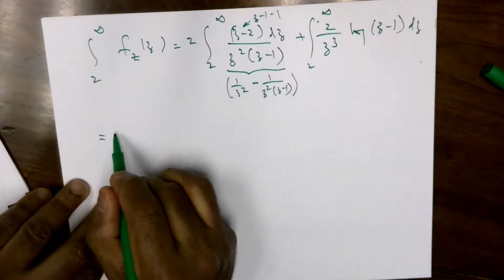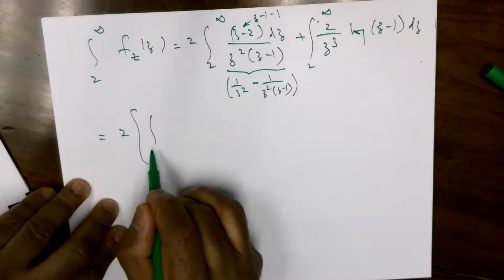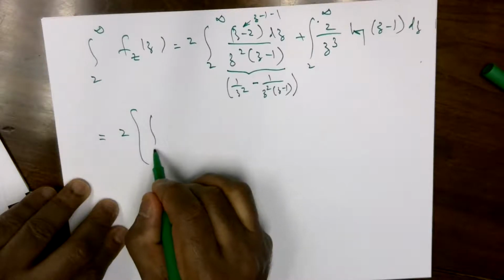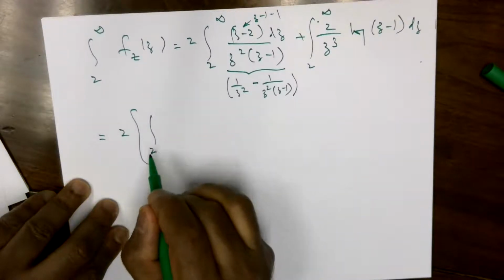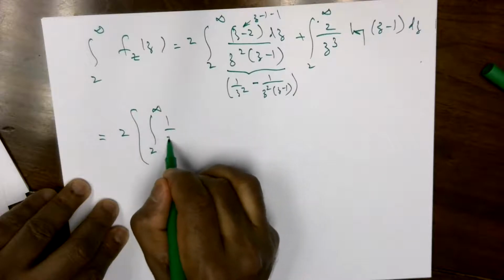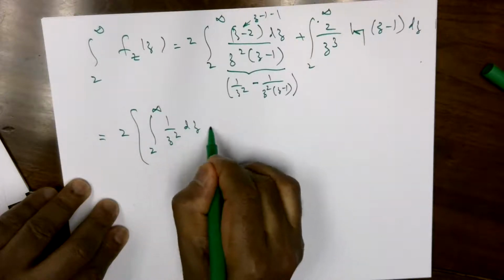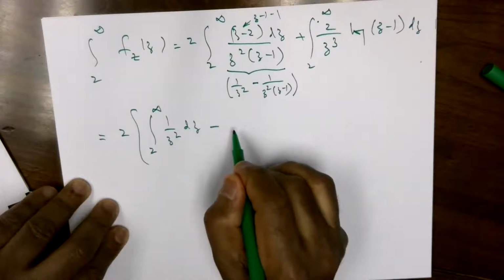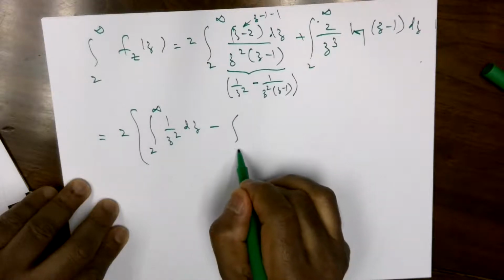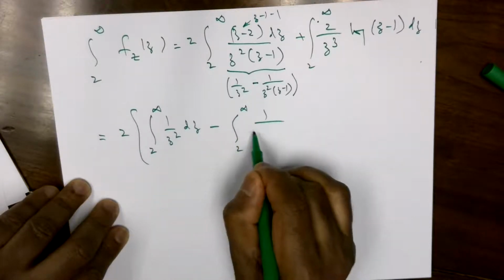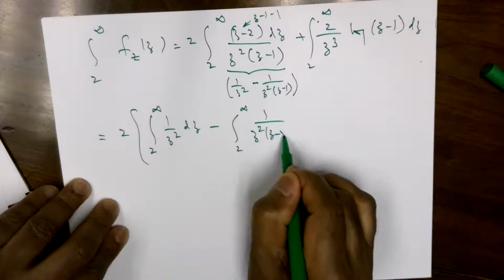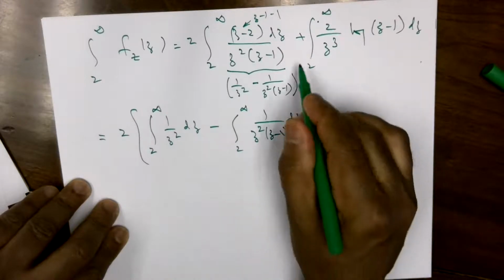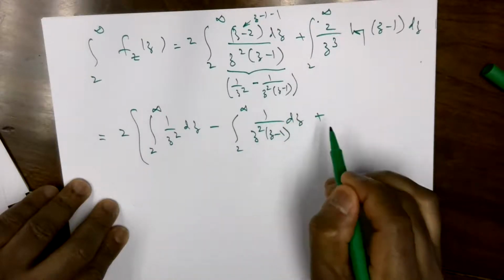So if you want, you can write this as the integral from 2 to infinity of 1 over z squared dz, minus the integral from 2 to infinity of this mess over z squared. This we can do by partial fractions, but we may not have to. Let me integrate this part also.